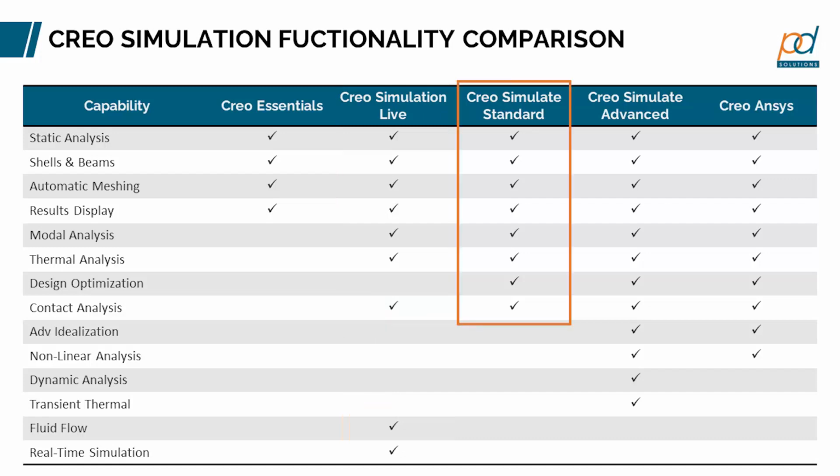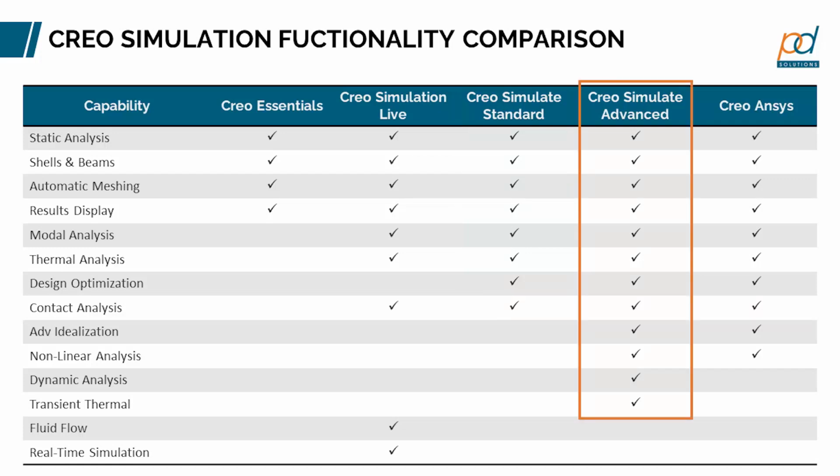Back to what we saw earlier, we saw Creo Simulate Standard, again a pretty comprehensive range of capabilities. One thing I'd like to point out here is that design optimization is available. You can do that in Creo Simulate and Simulate Advanced. So we have this optimization capability in these more advanced ones.